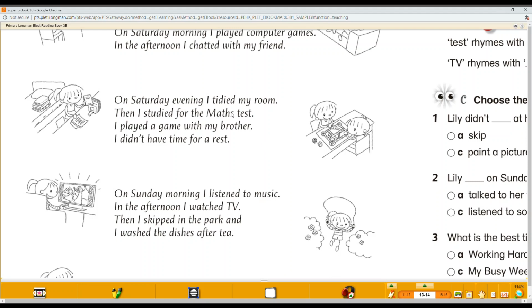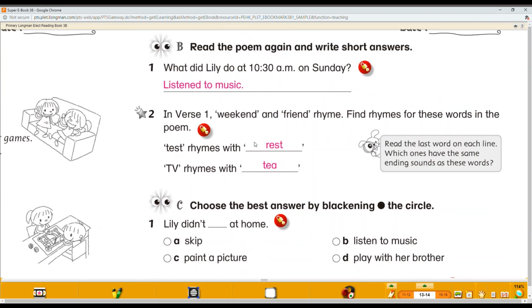Okay, test. So the rhyming word for est would be rest. TV, E. The rhyming word would be T, rest and tea. Rest and tea. Okay?